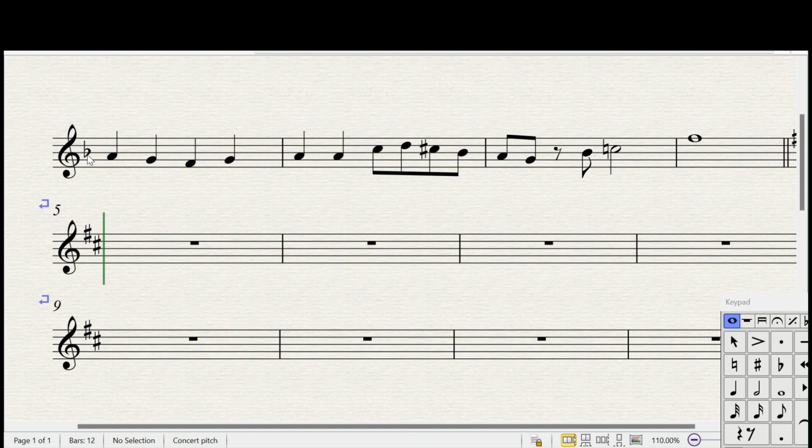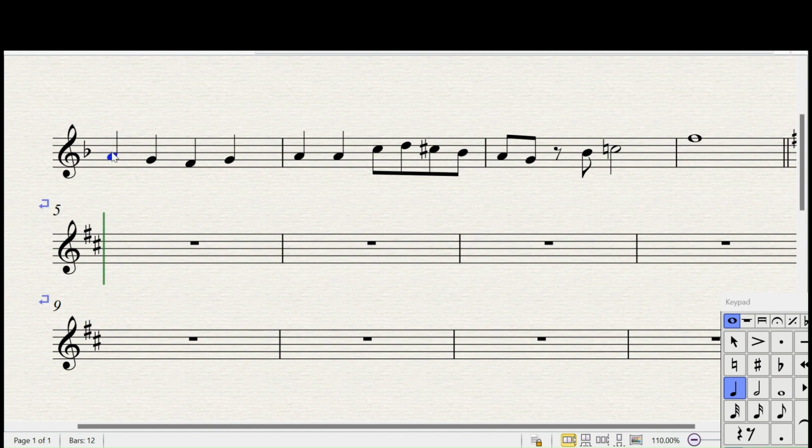So here I have a song, and from the key signature you'll want to think it's D minor because of the C sharp, but no, it is F major. At this point, this is just a passing note. And it's F major because of the B flat. You'll notice in the stave below, I have it in D. I would like to make this song lower, to D major, to suit maybe an alto.